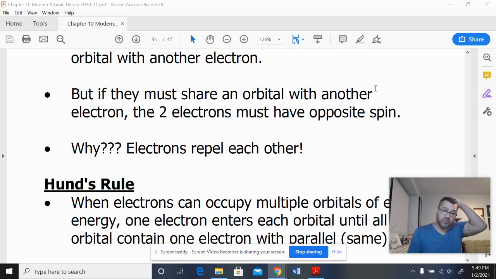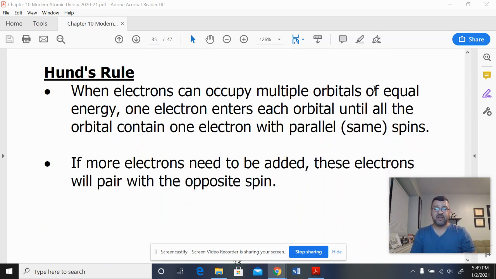And then the last rule, which is called Hund's rule, says that when electrons can occupy multiple orbitals of the same energy, they're going to fill in those orbitals by themselves. So if you have, for example, two orbitals that have the exact same energy, and you have two electrons, one electron will fit into one orbital, and one will go into the other with the same spin. Now, why would they do that?